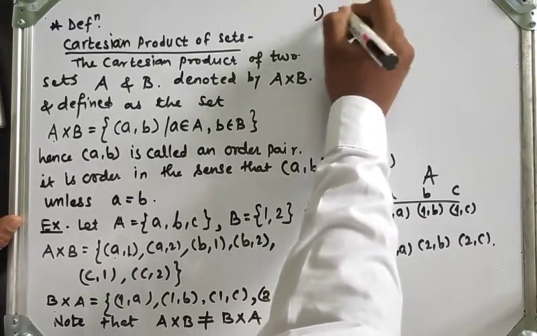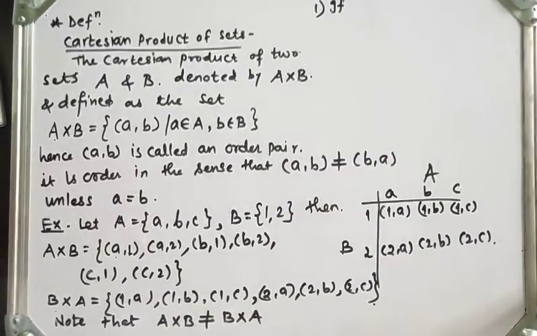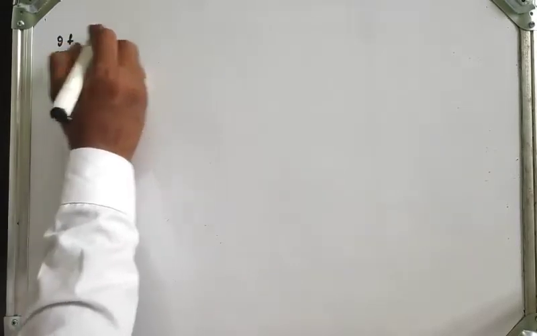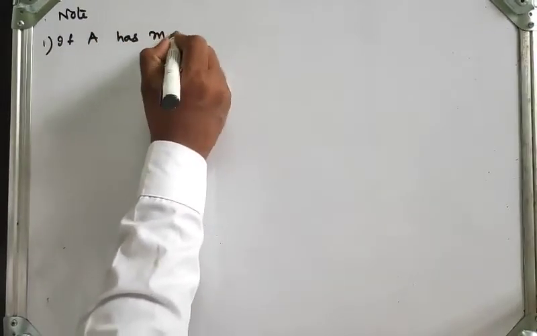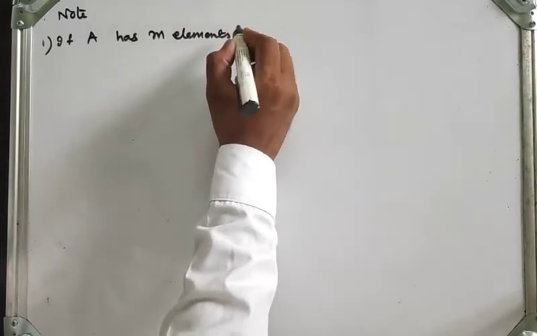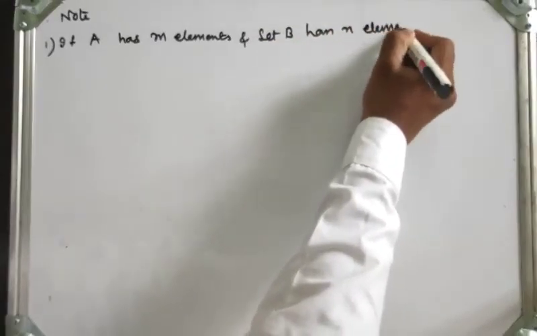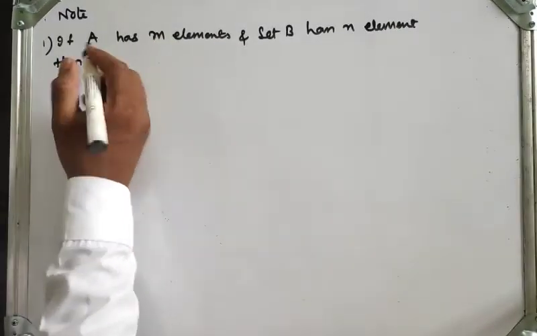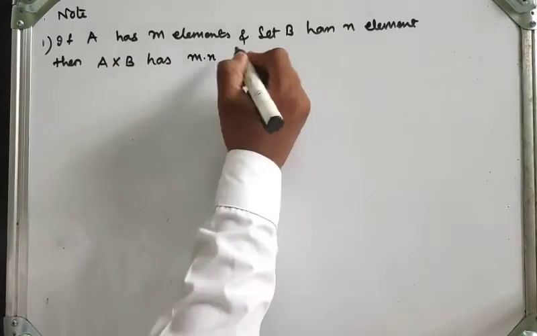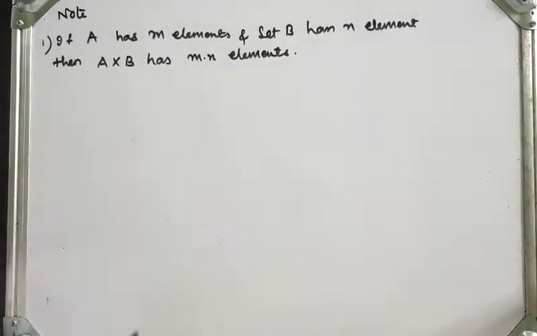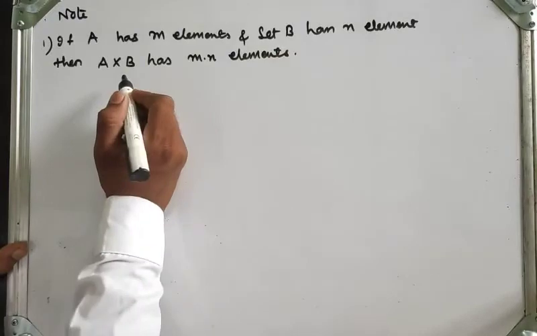Now note first, if set A has m elements and set B has n elements, then A cross B has m into n elements.